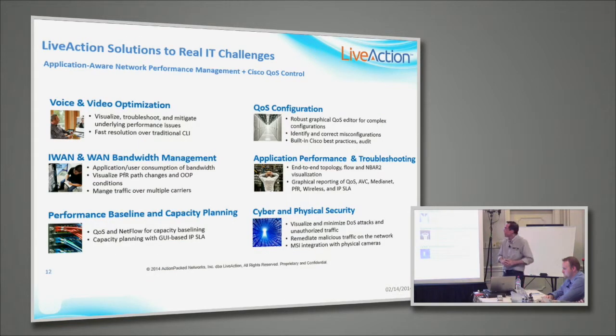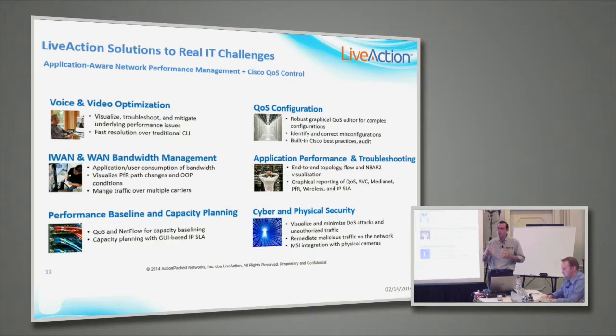So if you dig down further into the IT challenges that we help our customers with, I talked about voice and video optimization, the QoS configuration piece of that to fix those issues. But there's things like IWAN that people are starting to leverage. So, intelligent WAN, and Cisco's providing capabilities in that area.